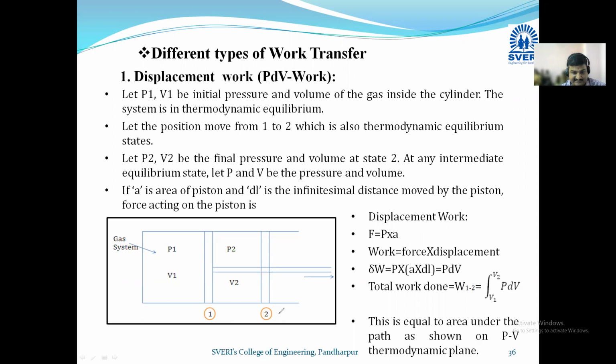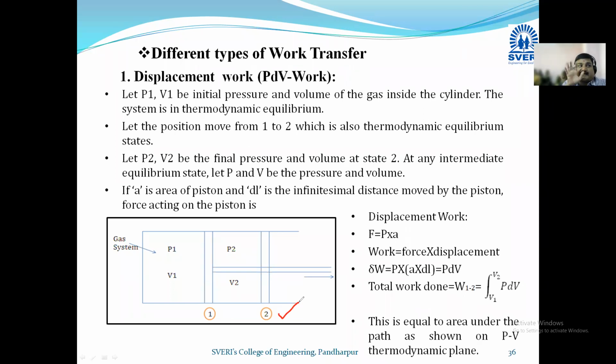The piston is initially at position 2, and when the piston is at position 2, the pressure of the system is P2 and the volume of the system is V2. When you are compressing the gas, the pressure becomes P1 and the volume becomes V1.